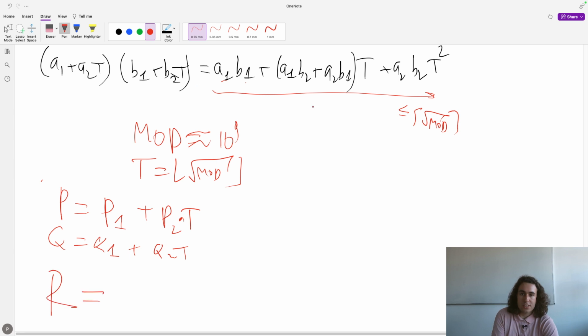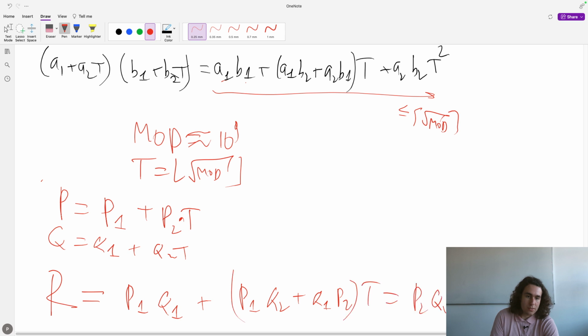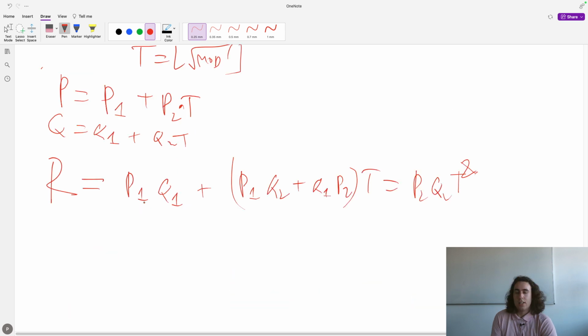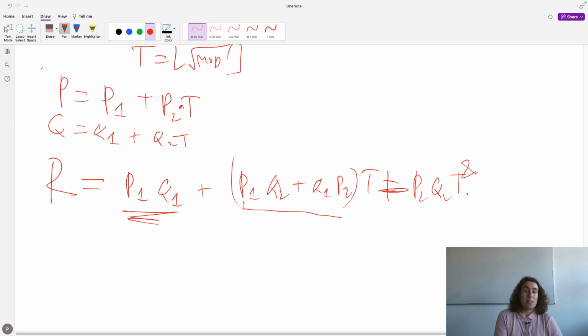So it's p1 q1 plus p1 q2 plus q1 p2 times t plus p2 q2 t squared. So we take this product of two polynomials, we add this product plus this product, and then multiply all the coefficients by t, and then we take the product of these two polynomials and multiply all the coefficients by t squared. And this will be the answer.